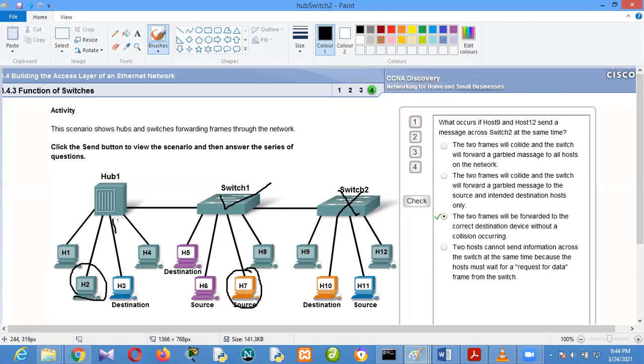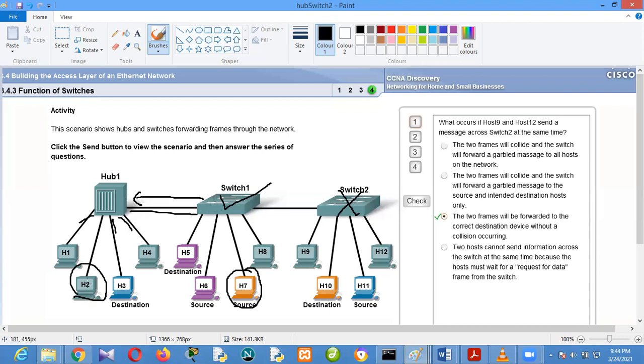Switch one already has it in its ARP table. So you just leave it. You don't need to go to switch two again. It will just send the answer. Exactly. So that's the only time that it floods: only if it doesn't have it.